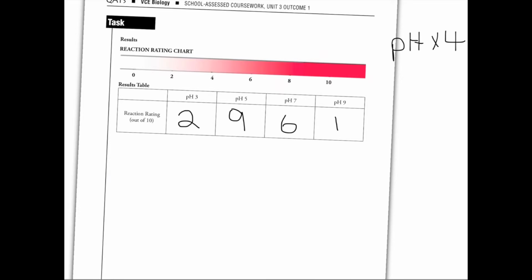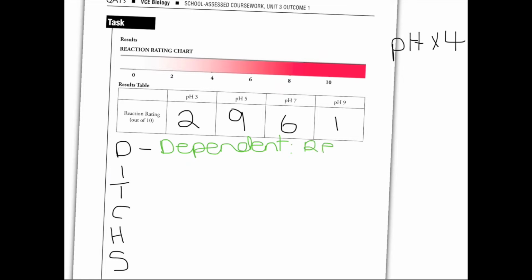At times you might get given an experimental design question, and it's really important that you know what DITCHES stands for, okay? You need to be able to identify the dependent variable, which is essentially the results.